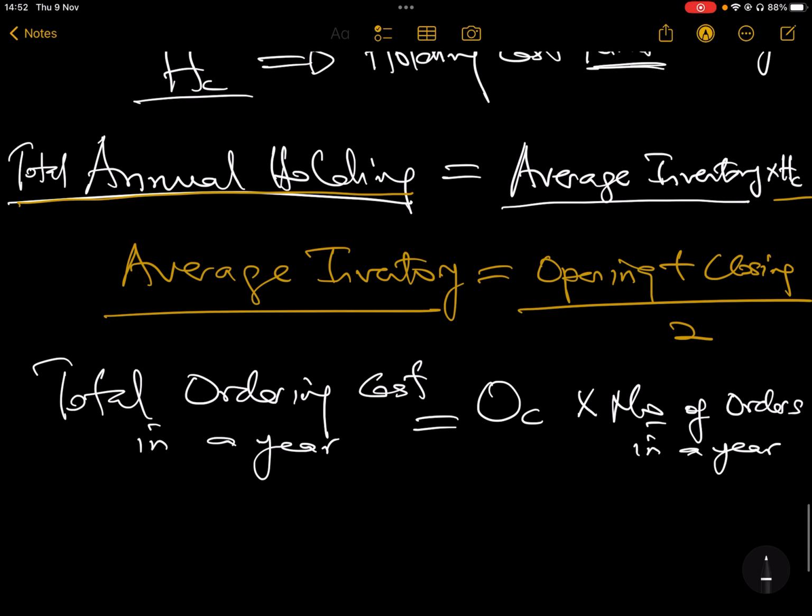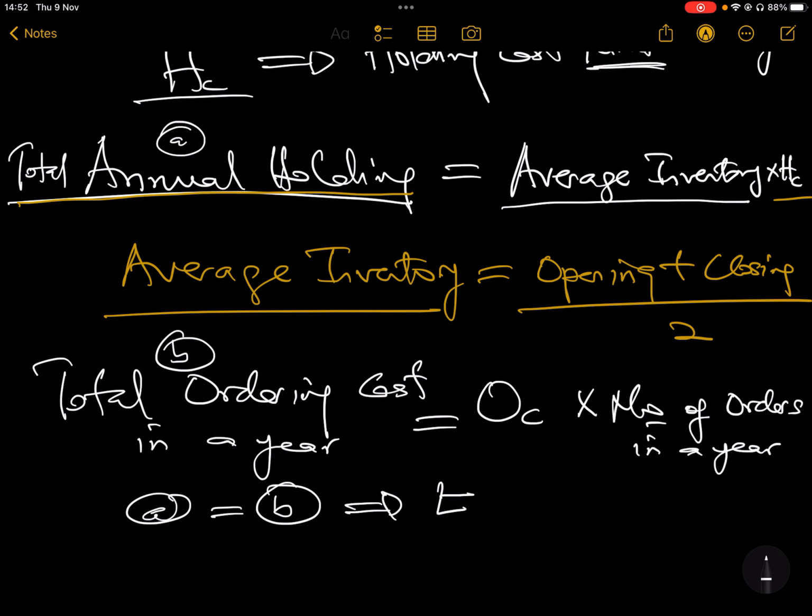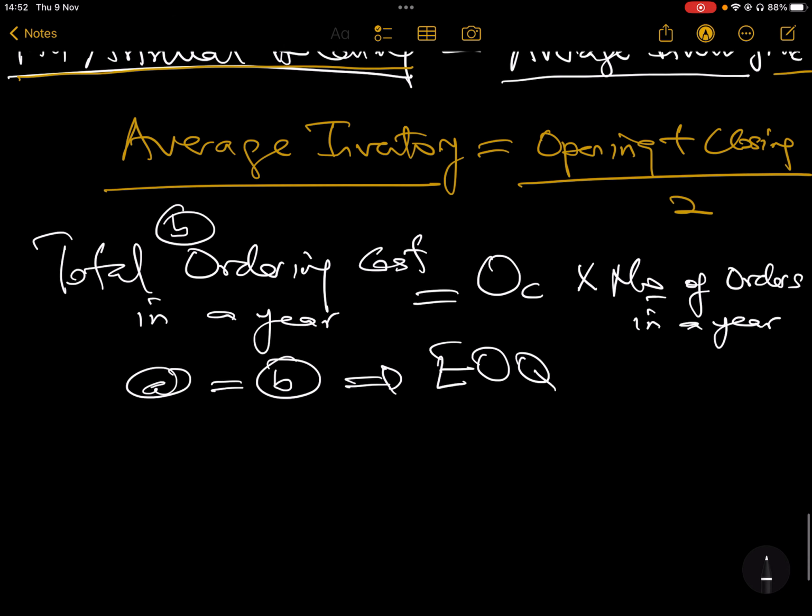So if you calculate this A and this B, A must equal B if you are using EOQ. Please take note. Very important, because it's a good check while you are doing your practice and exams.